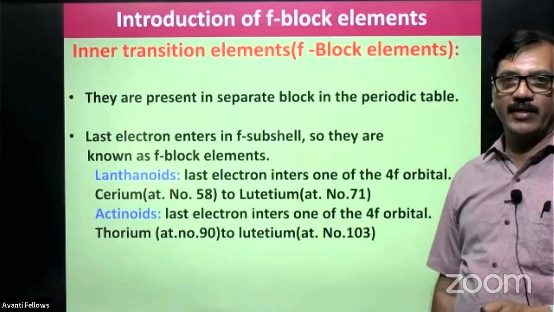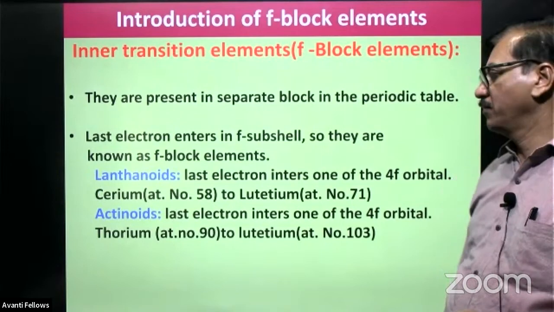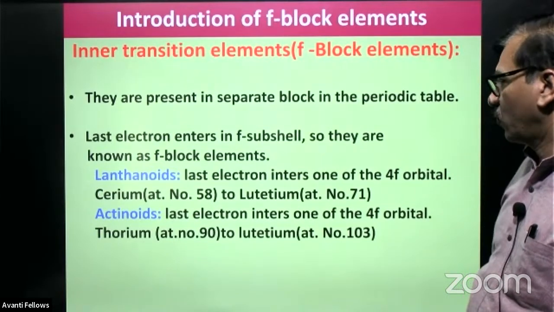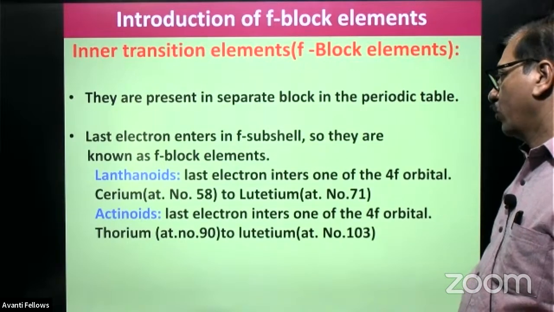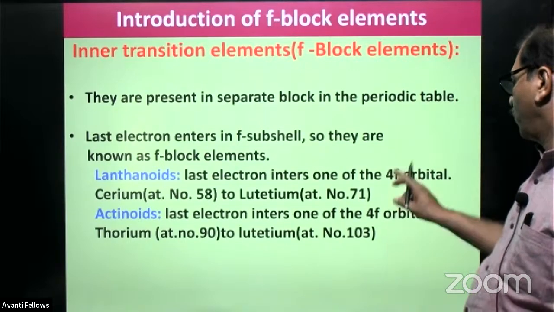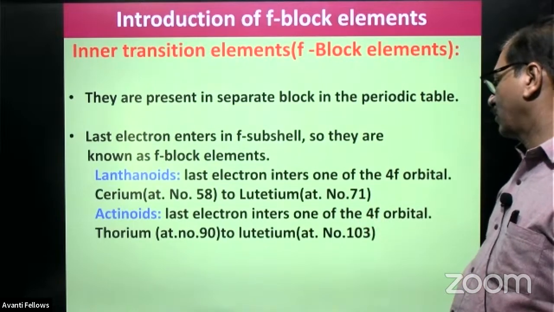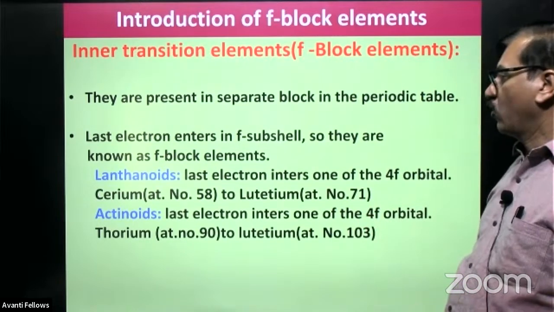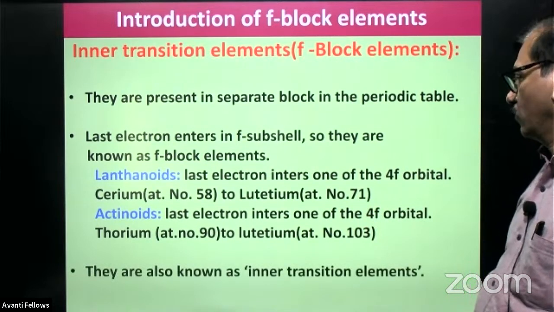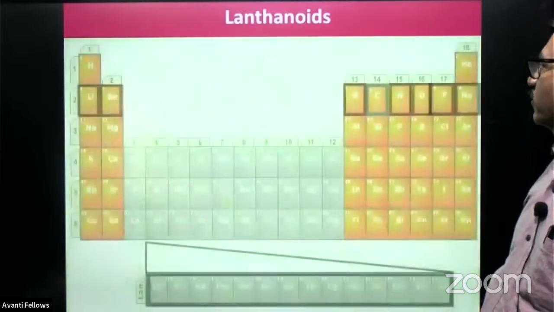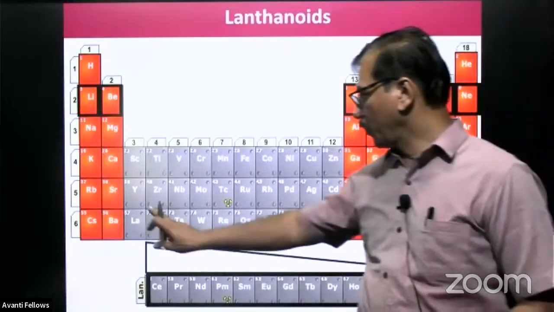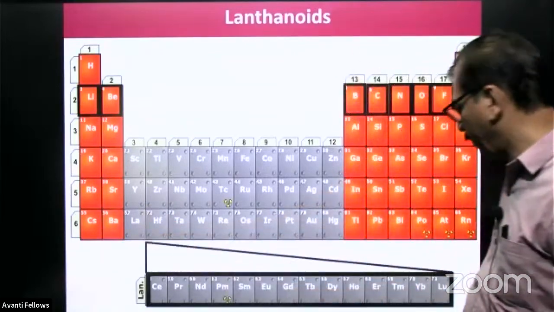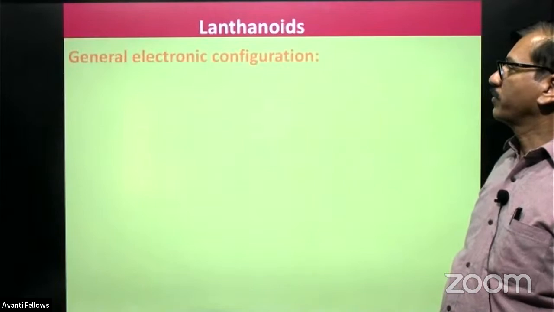One is lanthanoids, which follow lanthanum, and actinoids, which follow actinium. Lanthanoids use 4f orbitals and actinoids use 5f orbitals. So these are the lanthanoids, kept separately here.